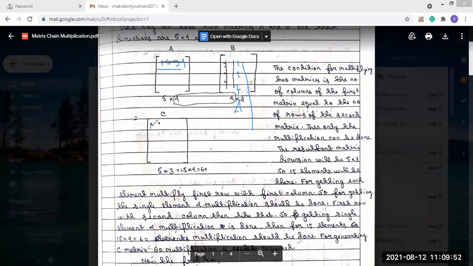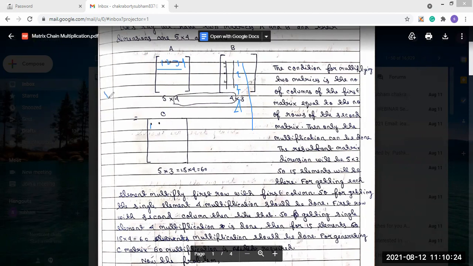Can anyone say how many multiplications are needed? 16? No, not 16. First see that the first element of A is multiplied with the first element of B, the second element of A with the second element of B, the third element with the third of B, and the fourth element of A with the fourth element of B.